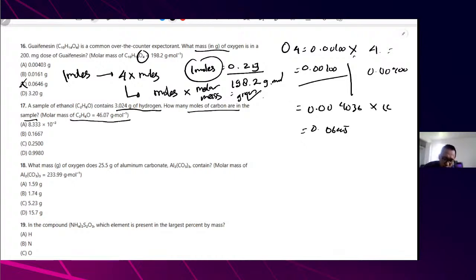Let me think first. How many moles of carbon? Okay, the hydrogen here is this one. So 3.024 divided by 1, so 3.024 moles.